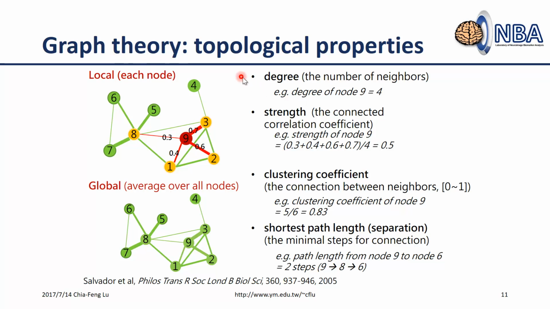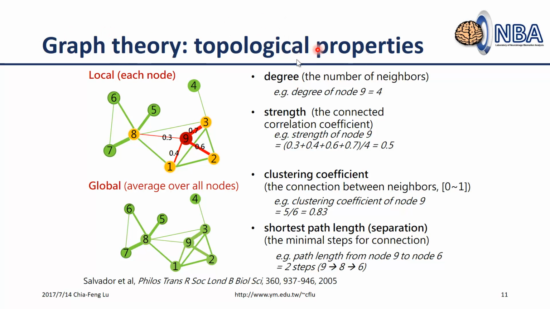We take these 4 parameters as examples. Of course, we have many other parameters that I will list in one of the slides later, but we take these 4, the more straightforward ones. Sometimes we call these graphical properties or topological properties.